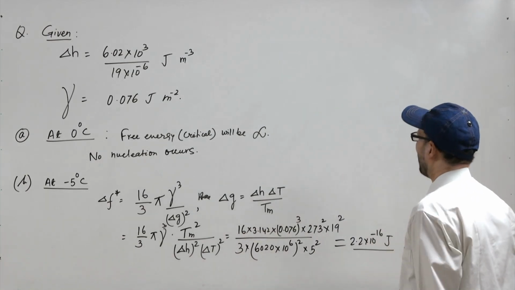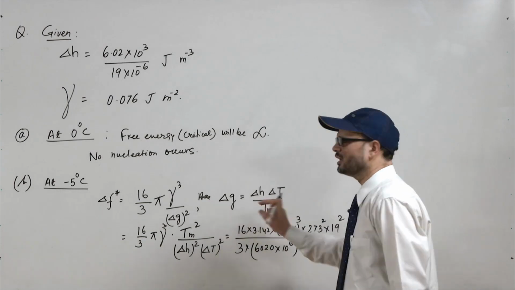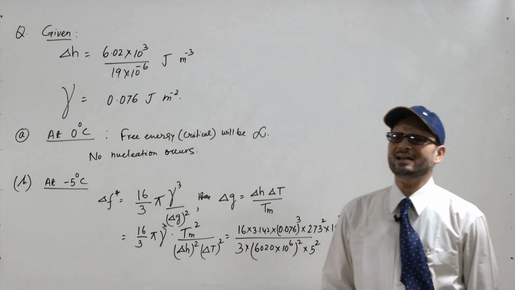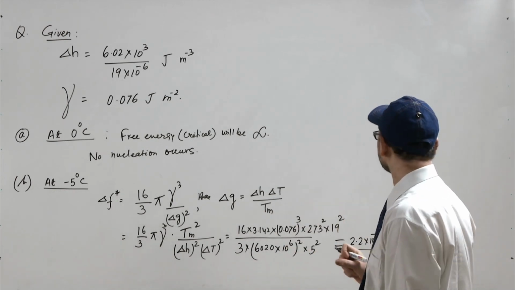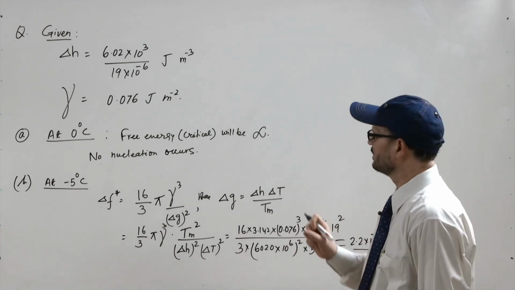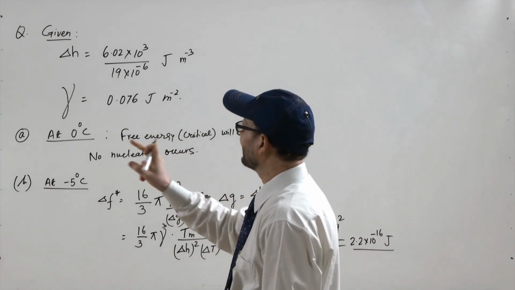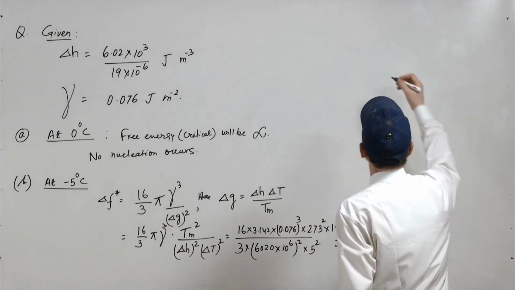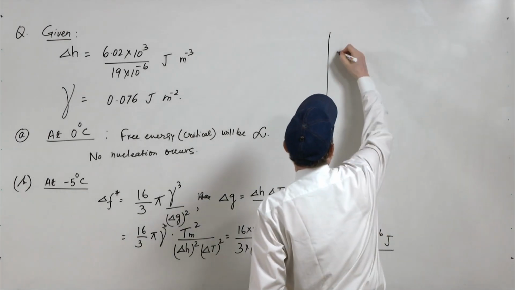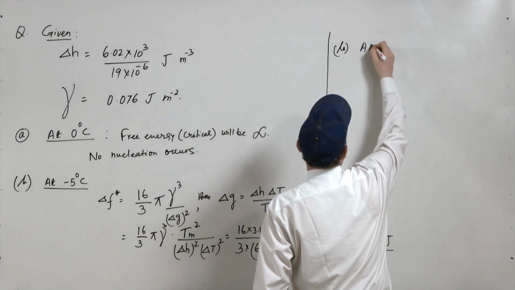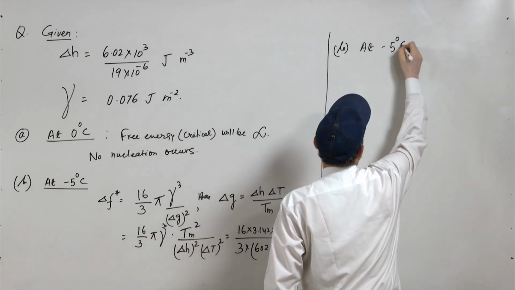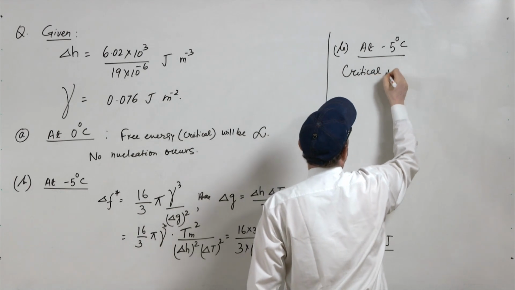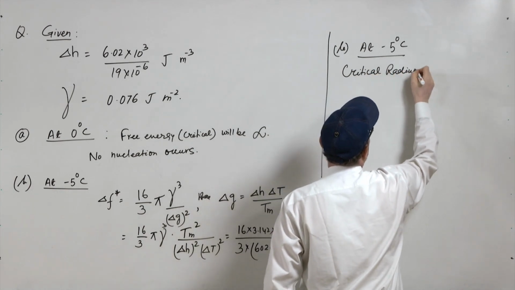Now, this is the critical free energy at minus 5 degrees C. We have to find also the critical radius at this temperature. So, at minus 5 degrees C, critical radius.